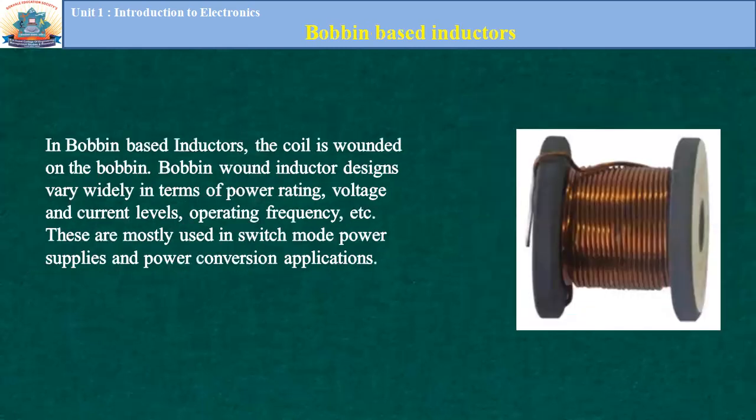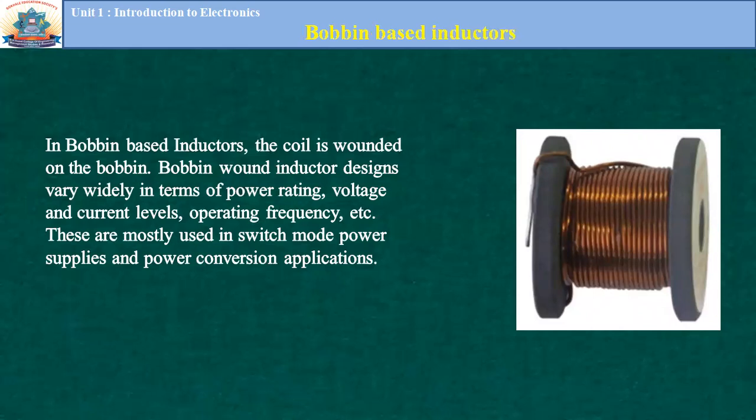Then bobbin based inductors. There is a bobbin type structure, and the coil is wound on the bobbin. This type of inductor can be used for voltage controlling applications, maybe higher voltages.